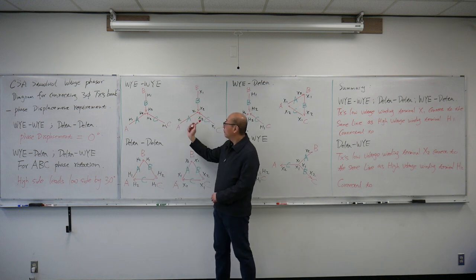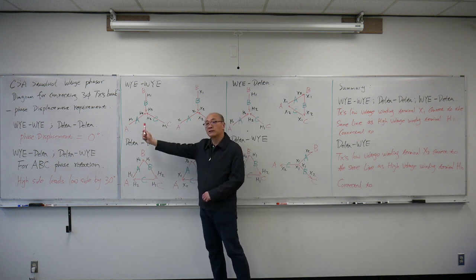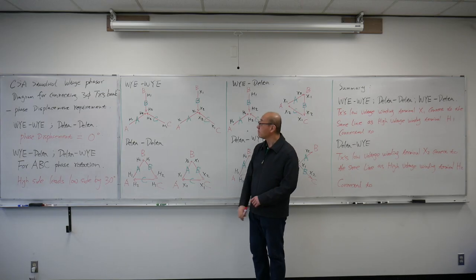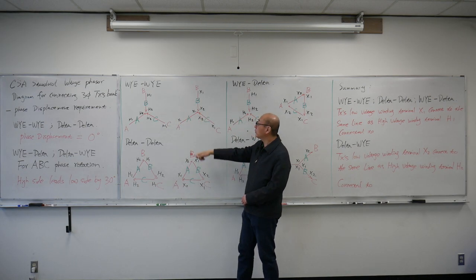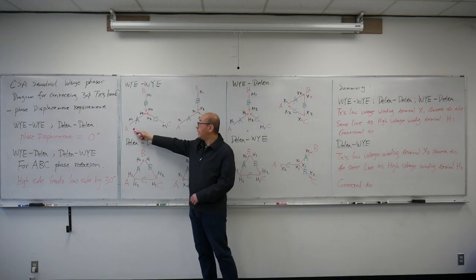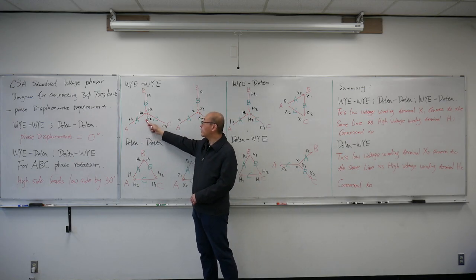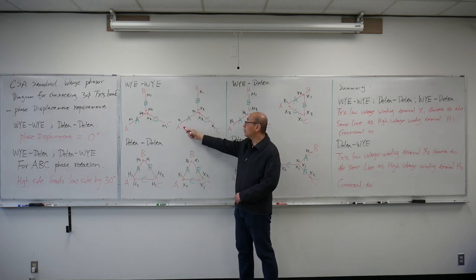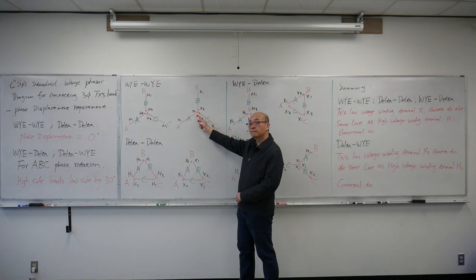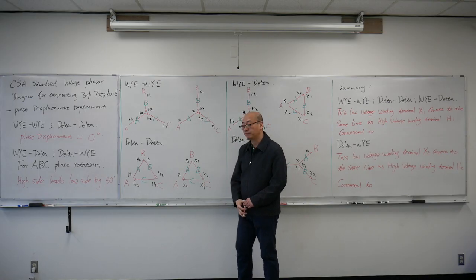But the induced voltages on both the high voltage side and the low voltage side should be in phase with each other. So you can see for this A phase, it comes from this direction and goes that direction. On the low voltage side, the same thing: X1, X2 goes in the same direction at the same angle.